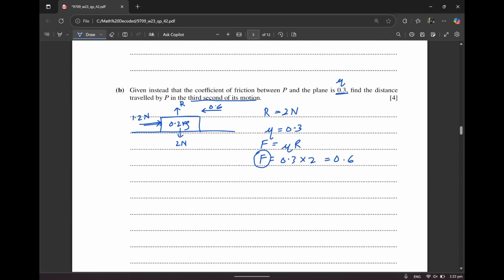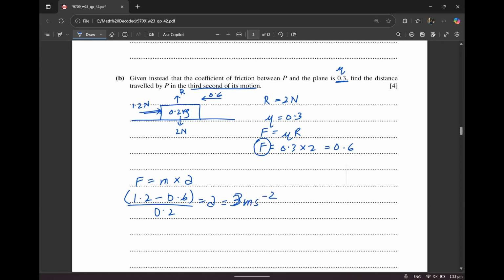Now using this, I can use F is equal to ma to figure out the acceleration. The resultant force is going to be 1.2 minus 0.6 divided by the mass. The mass is 0.2. That gives me the acceleration as 3 meters per second squared.